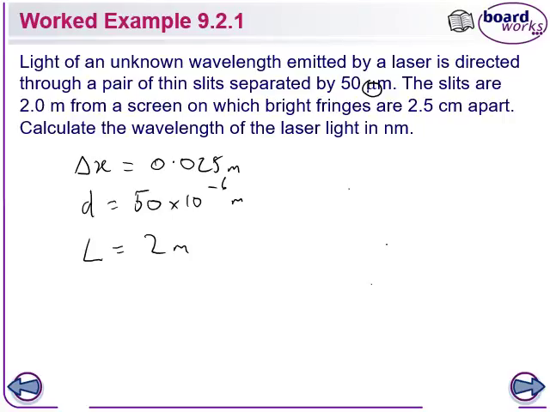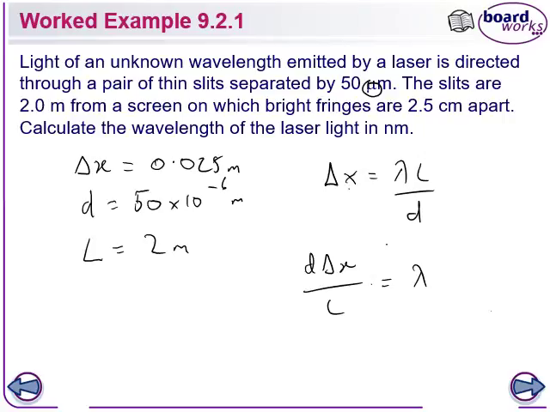So remember, from our formula, delta x is equal to wavelength times L over d. So if we rearrange this a bit, we get d delta x on L will give us our wavelength. So what is that?